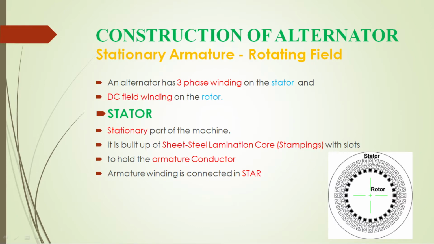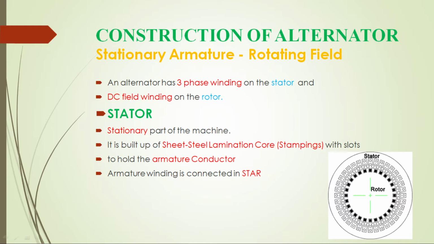Let us see the construction of an alternator which has a stationary armature and rotating field. There are two main parts of an alternator, the stator and the rotor. The stator is the stationary part of the machine. It is built up of sheet steel lamination cores having slots inside it.